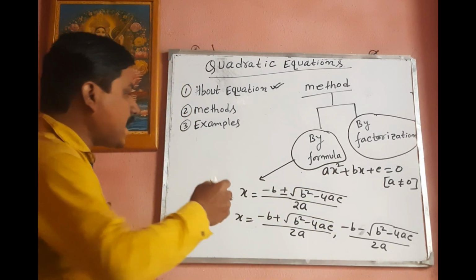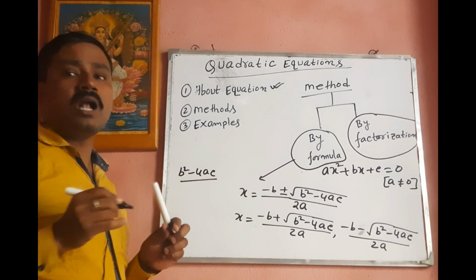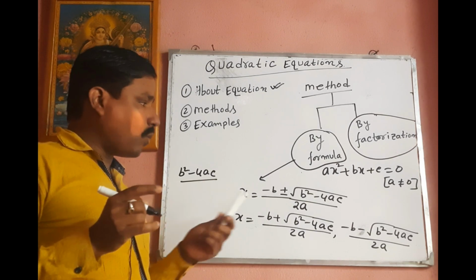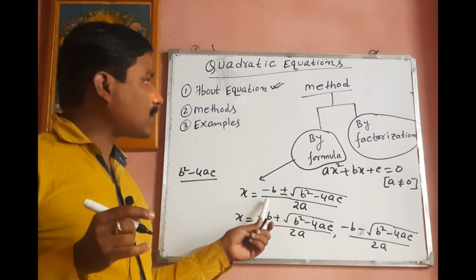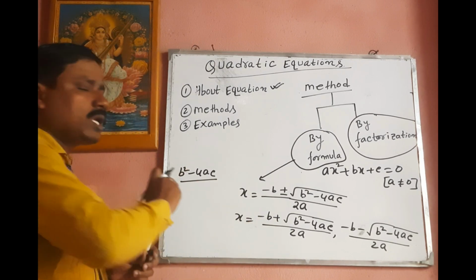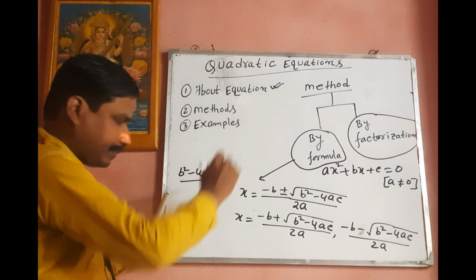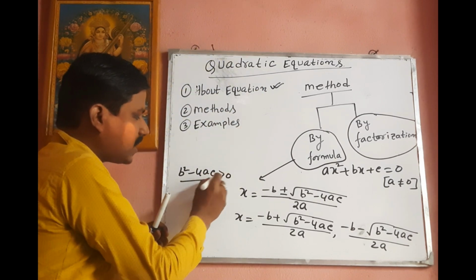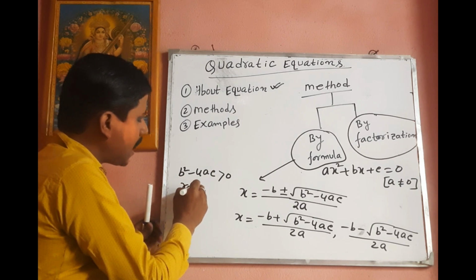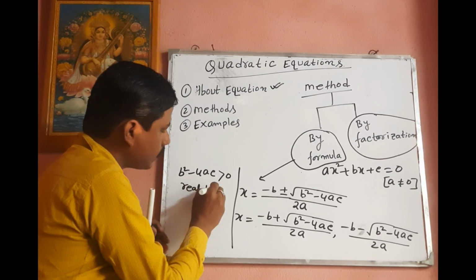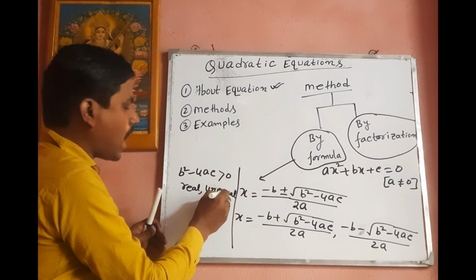This formula can be used for these types of equations. And b square minus 4ac is called the discriminant. When b square minus 4ac is greater than 0, then the roots are real and unequal.